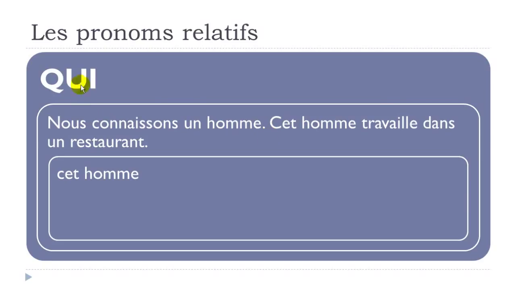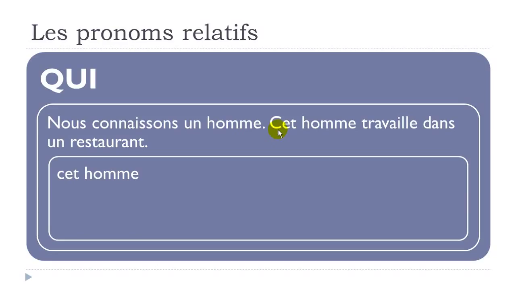In that case, we will use this pronom relatif, this qui, just because if you look carefully in the second sentence, cet homme travaille dans un restaurant, cet homme here is the subject of the verb. And that's the reason why we'll use qui. It could be a person, like in that example, but it could also be an object or a thing.